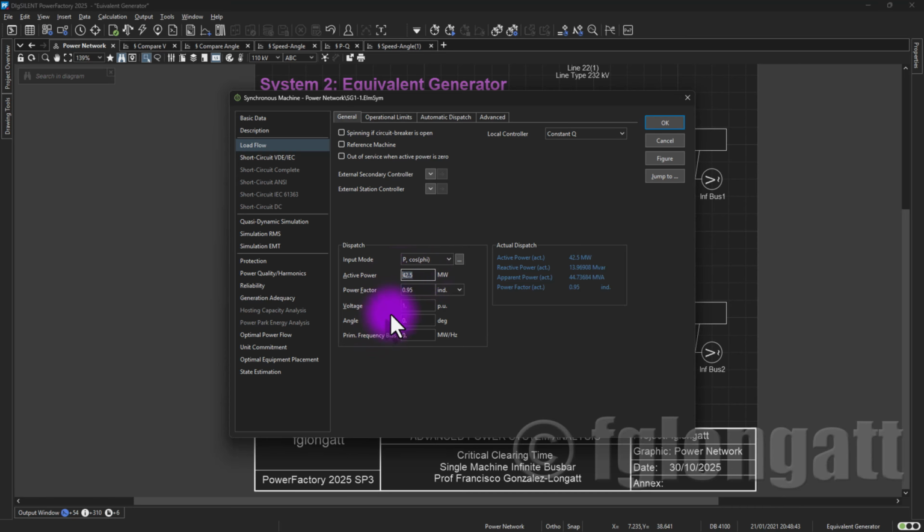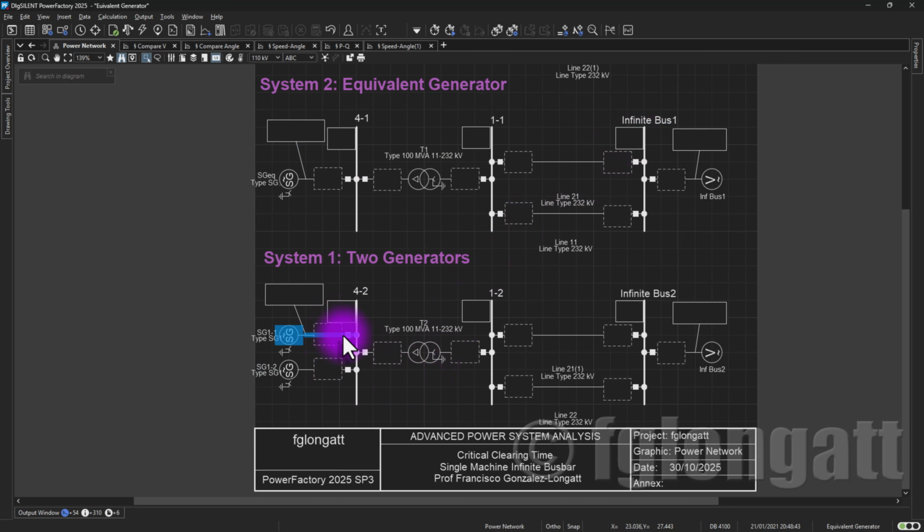As you can see, the active power dispatch in this case is 42.5 megawatts, and we are using a constant power factor of 0.95. This is an inductive power factor or leading power factor. So both generators are delivering the power to this bus bar over here, and then they step up the voltage for delivering the power to the infinite bus bar.